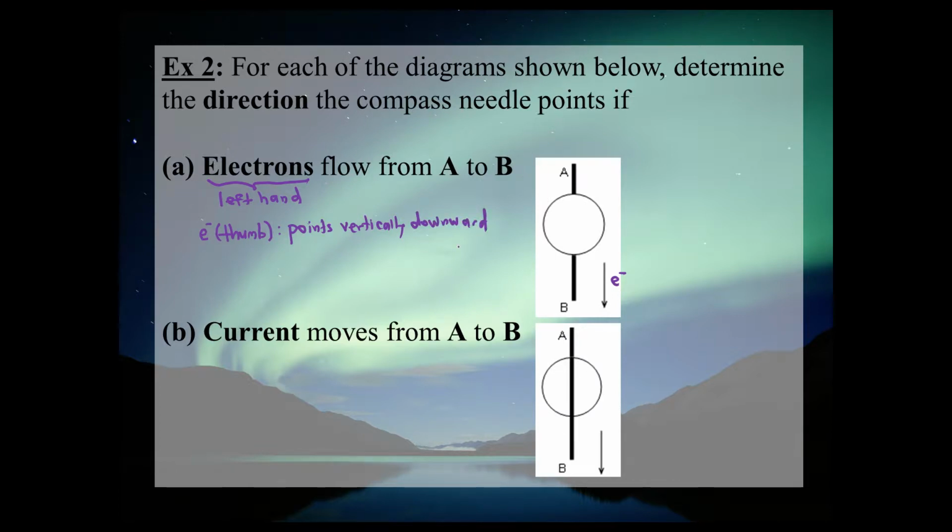What I would do is I'd hold your pencil on your desk so it's perpendicular to the desk, so it's just standing up. And then I would point my thumb down towards your desk, and then with your left hand, you're going to curl your fingers around your pencil. And that's going to represent the direction of the magnetic field. So that's your curl of fingers.